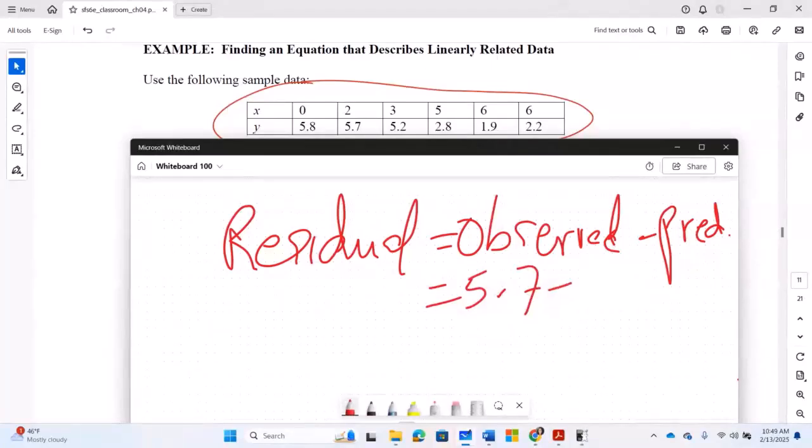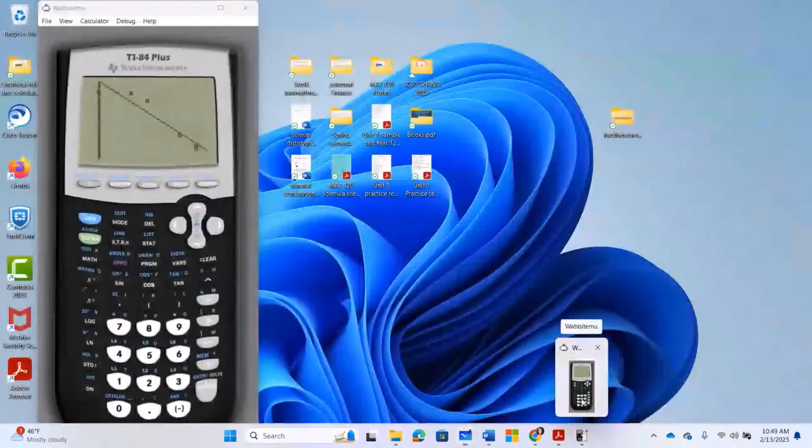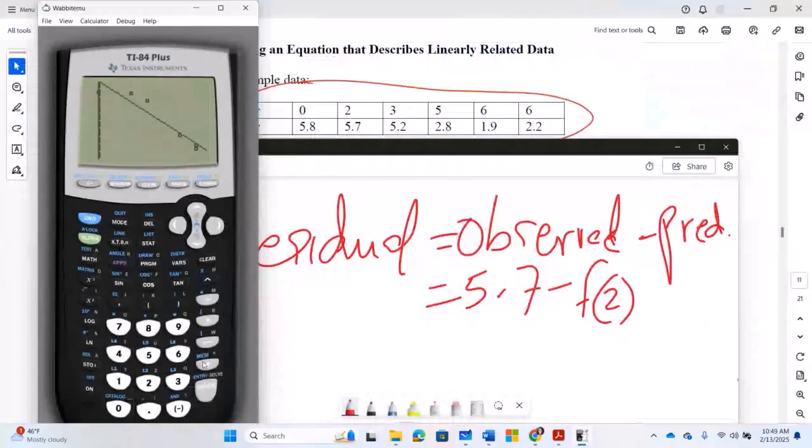The predicted is going to give me the f of 2. What does f of 2 mean? Substitute 2 in the equation in y1. That's what it means. So I'm going to go to my y1 and ask my calculator, second quote. I will ask my calculator to substitute 2 in y1.